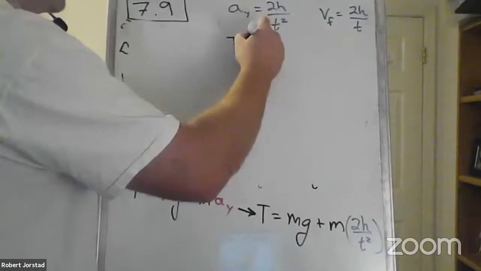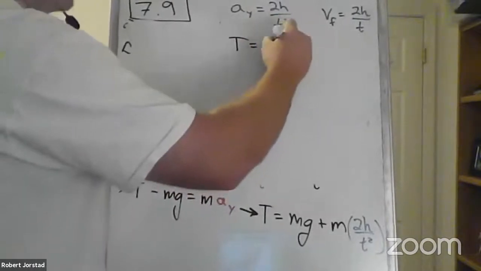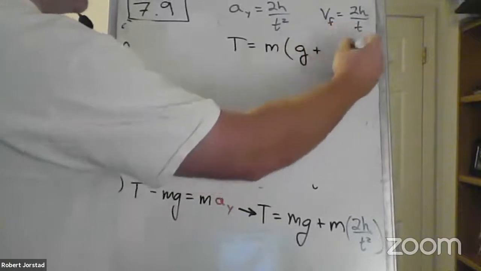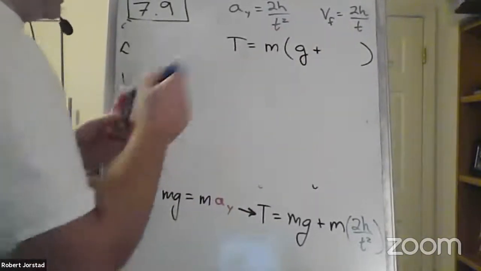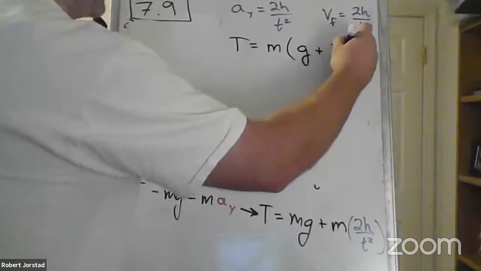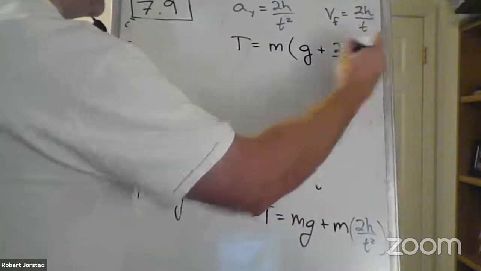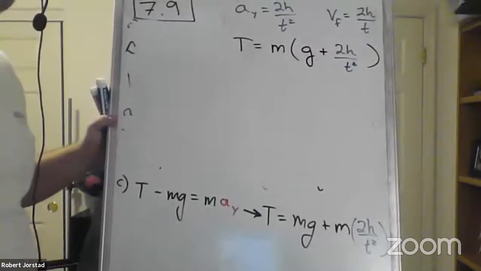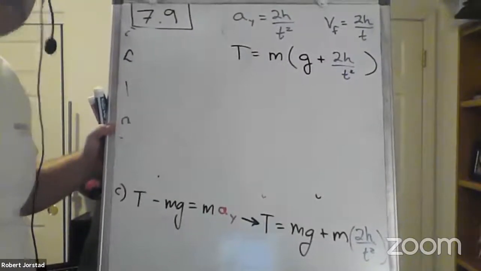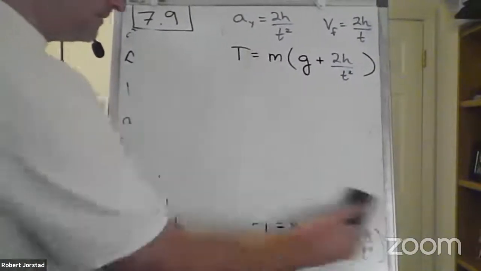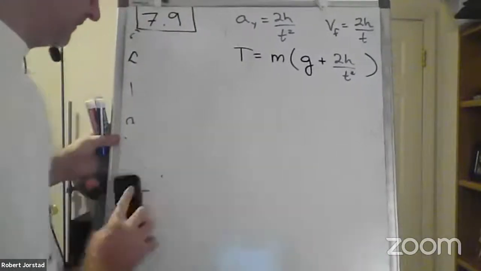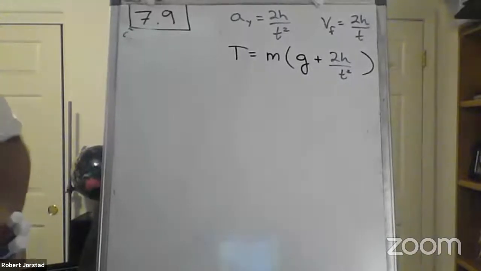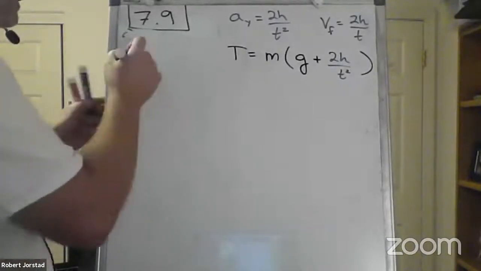I think we found that the tension was m times the quantity g plus 2h over t squared. So that was all the results that we found. Let me get that just a little bit more on the page there. In part D, we were up to part D. It says average power.